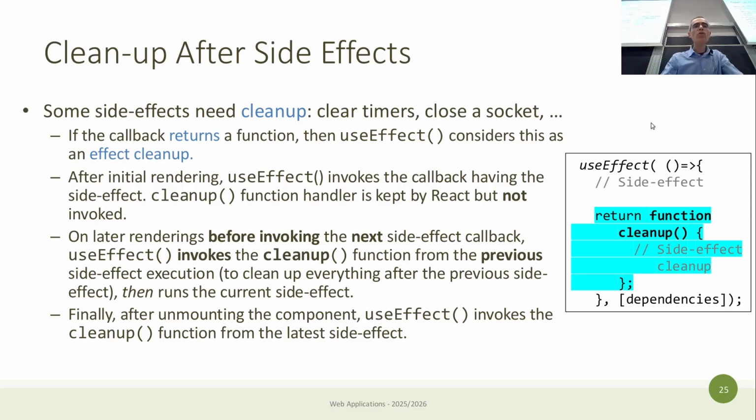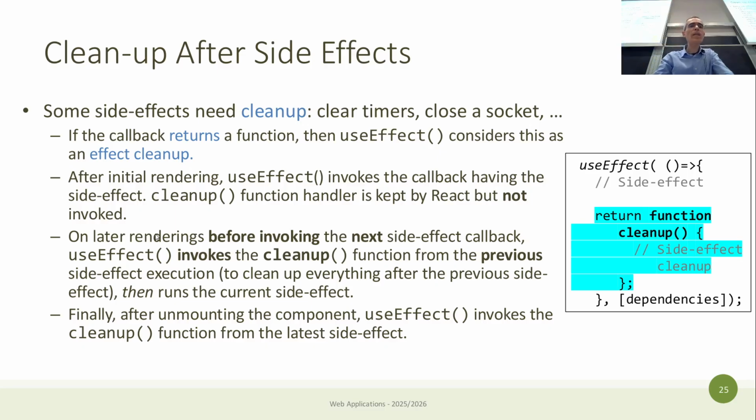So, in short, what you return from the callback that you pass to the useEffect is a function that is used in this way by React. After the initial rendering, useEffect invokes the callback, and the cleanup function handler is kept by React but not invoked. Okay, it's not used in the beginning. It's used the next time you call the useEffect.